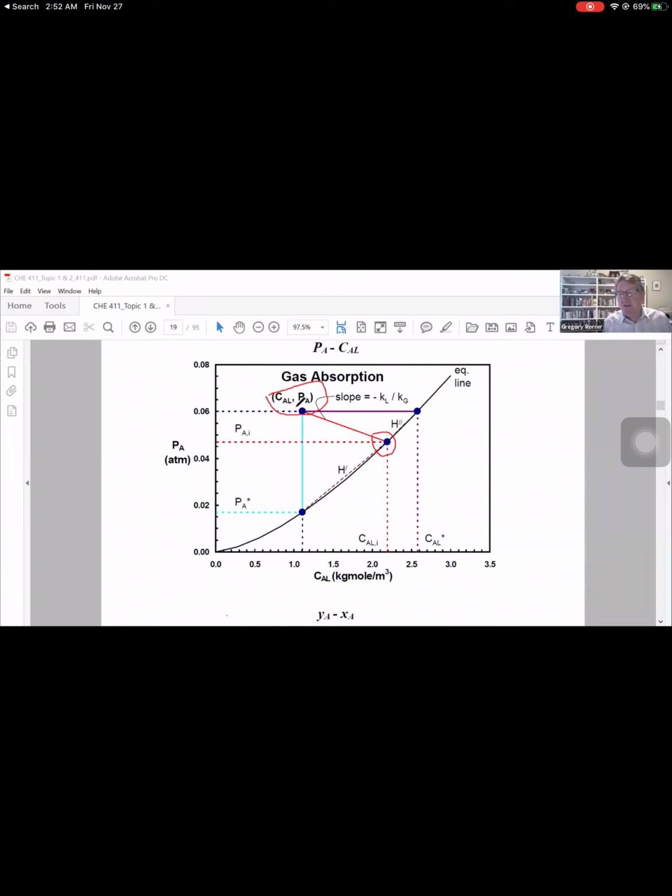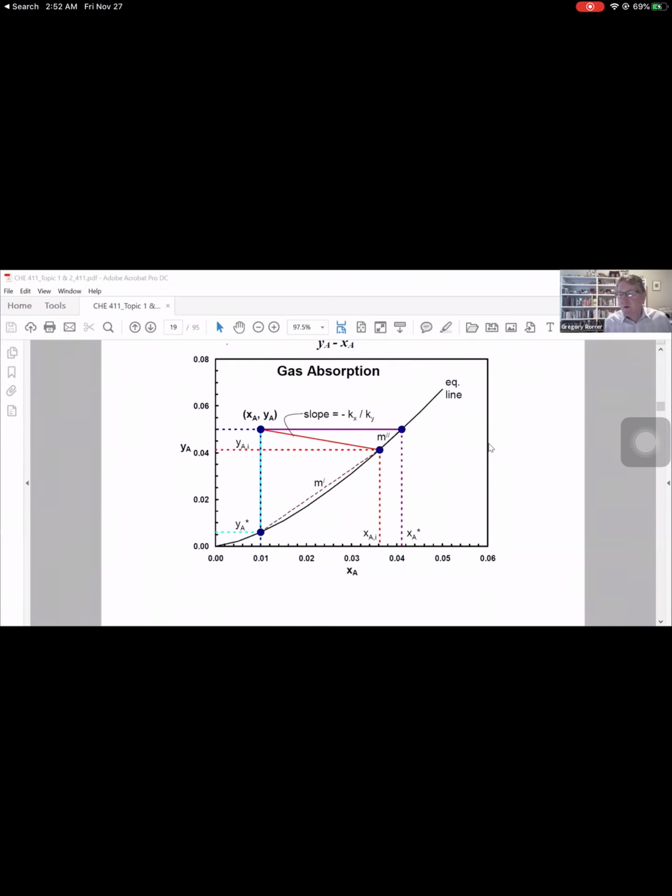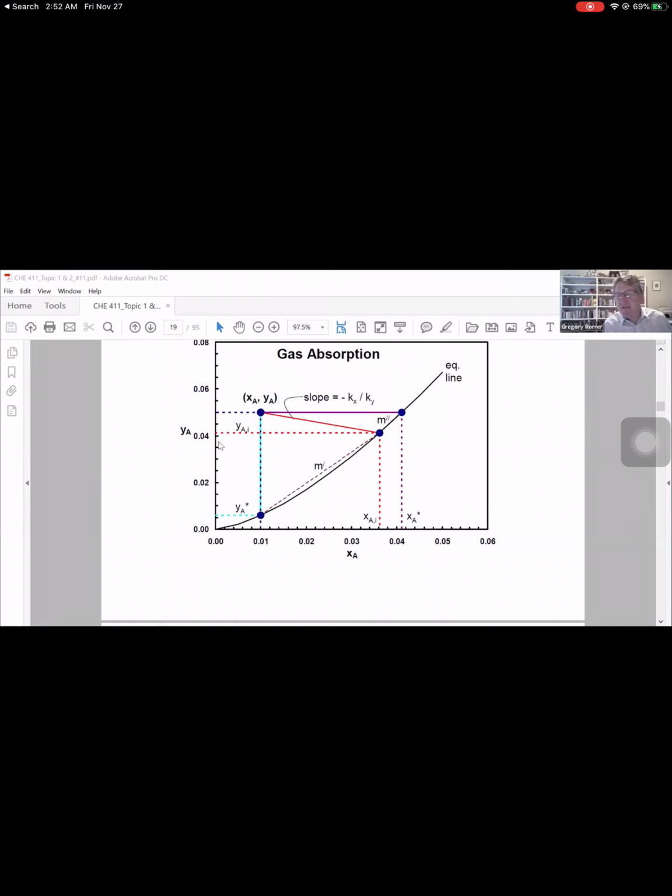And it's a locus that describes the composition in the bulk gas and in the bulk liquid. And so when we move over to mole fractions, then we see these equivalent expressions in mole fraction coordinates. Now, another thing that we need to look at is this idea of the driving forces plotted on this diagram.